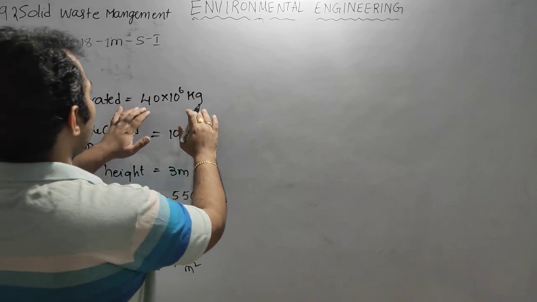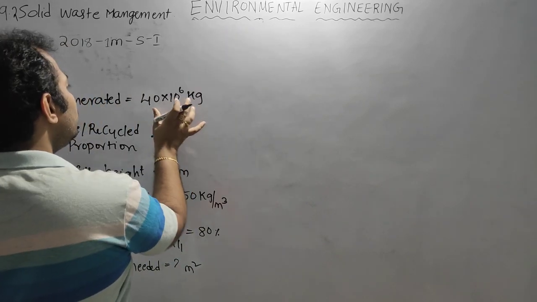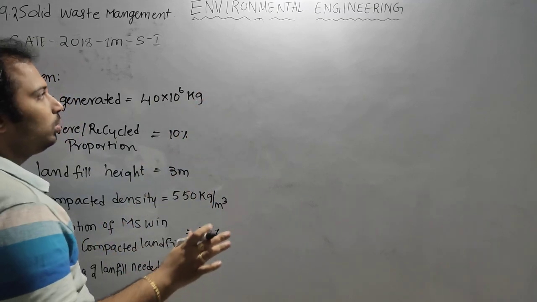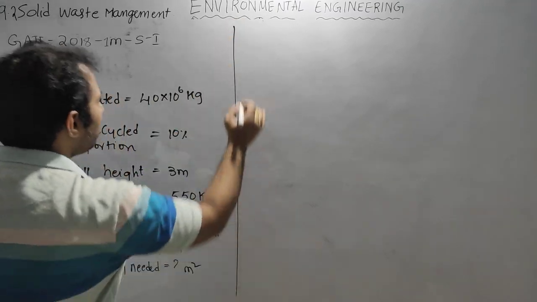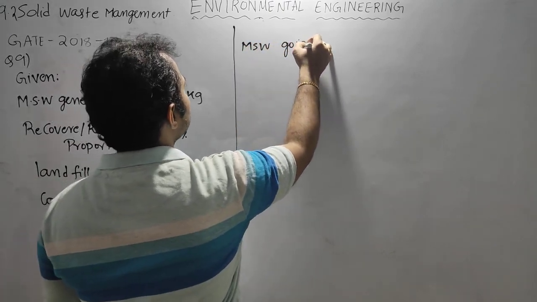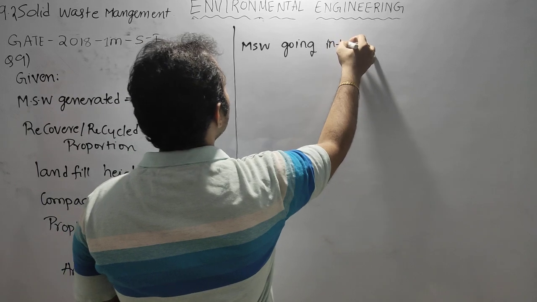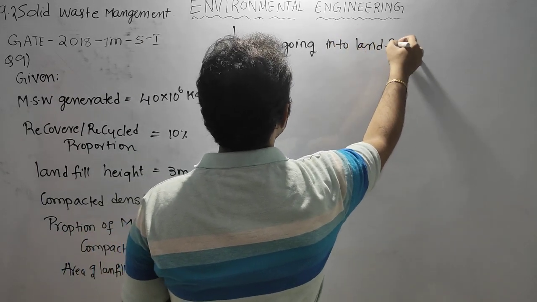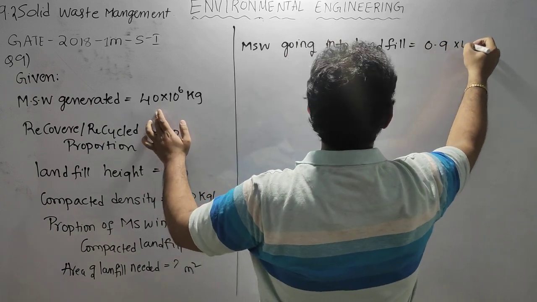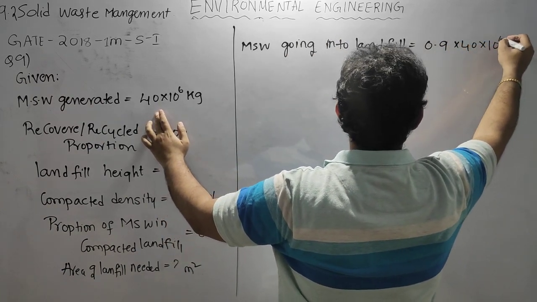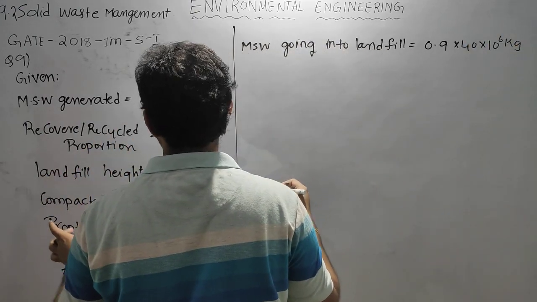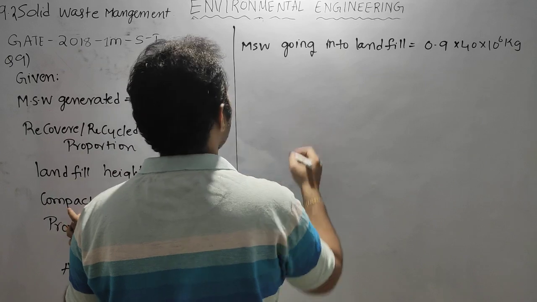So this is the MSW generated. Okay, so in this 90% is going into the landfill, 10% is recycled. So now what is the MSW going into landfill? That is 0.9, 90% of this, 40 into 10 to the power of 6 kg. Then what is the volume of the landfill now? The density is given.